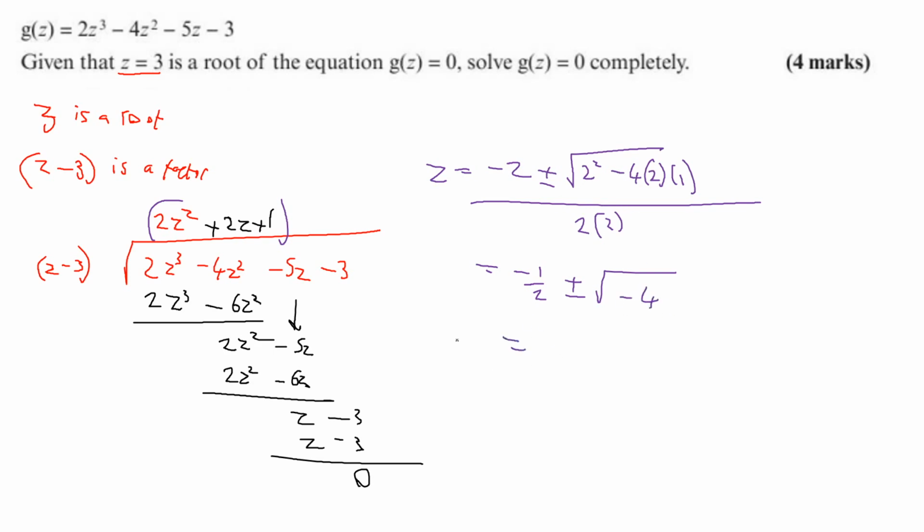So it's going to be minus a half plus or minus 2i. And those are your two solutions, okay? All we're doing is polynomial long division to find the other complex numbers.